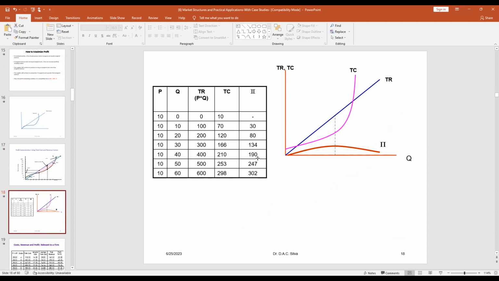Here we have the profit increasing range. You can go like this, then after that it will decline, but the declining part is not shown here. Basically, this is the highest distance. This is a profit curve going up to this, then declining gradually.